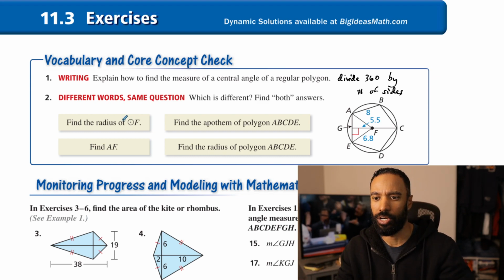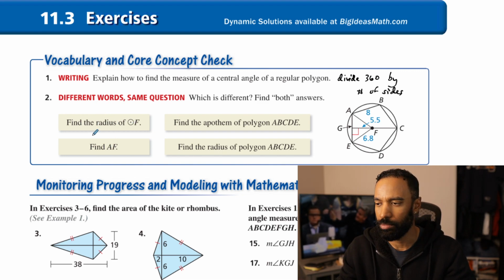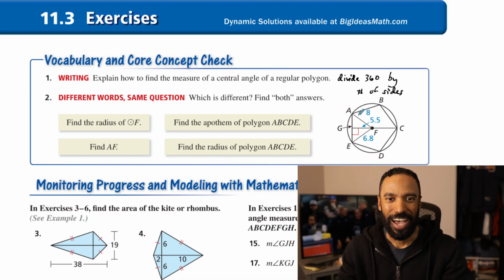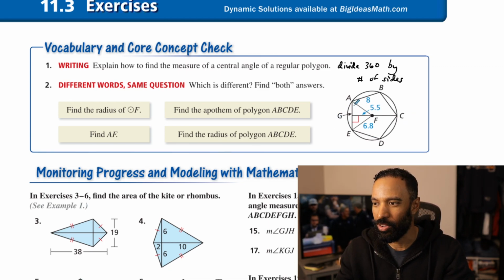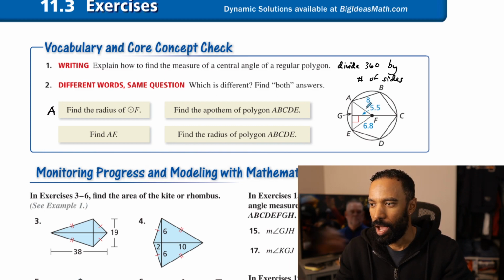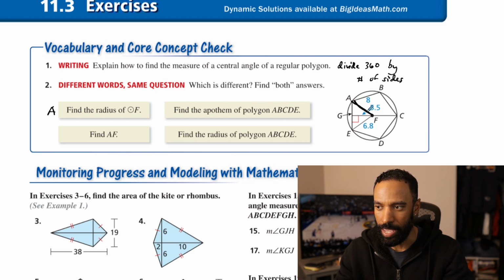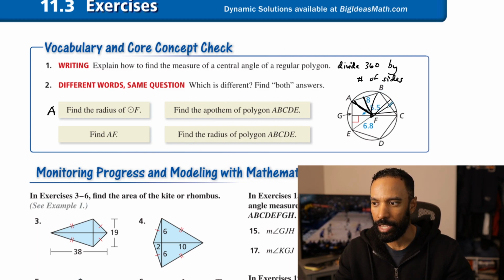Different words, same question. Which is different? Find both answers. Find the radius of circle F. Here's a diagram. The radius of the circle is any of these segments right here. Technically, it's anywhere that goes to the circle.